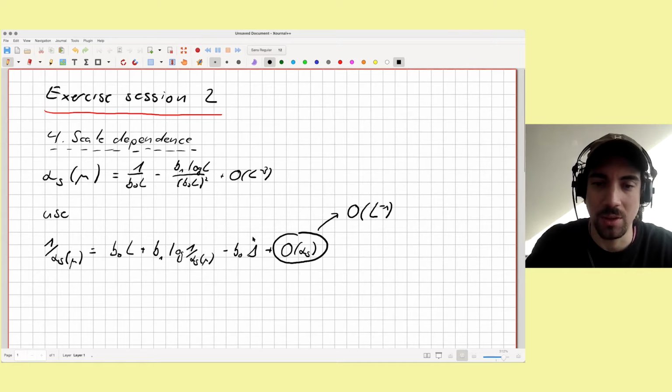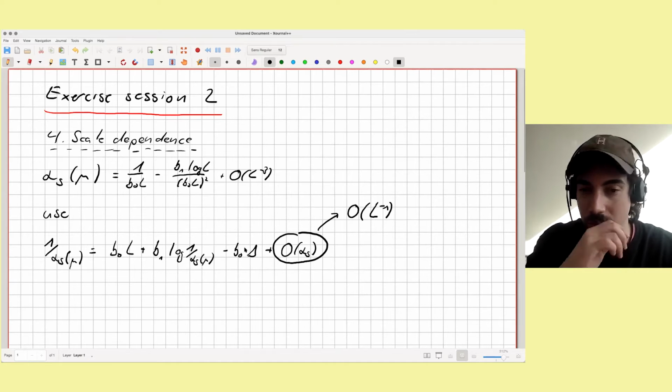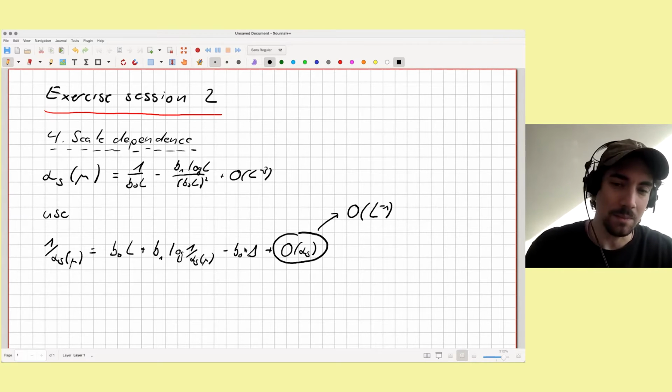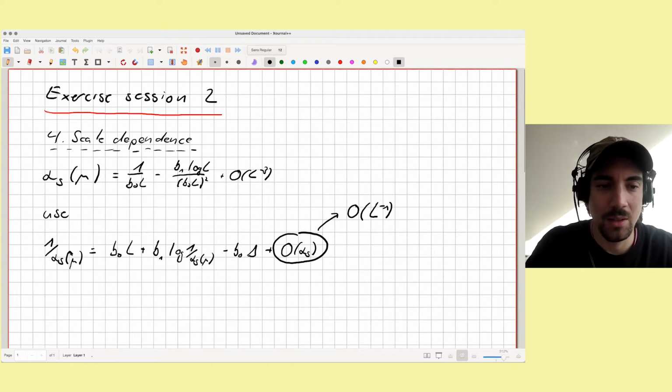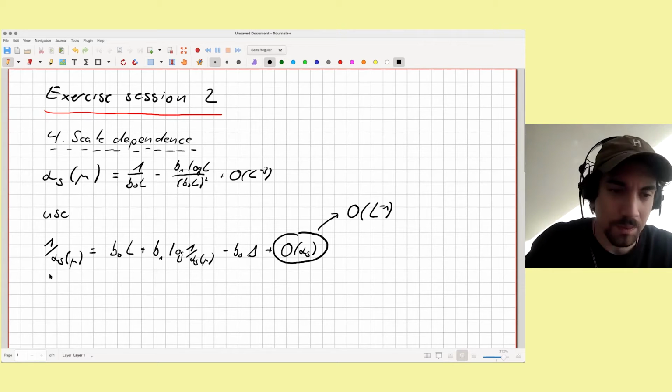And we will now also see why this delta he introduced comes in handy. What I also wrote here is that we will use this equation iteratively. And from this, we see that alpha s scales as 1 over L for large L. And this is what we will use now.